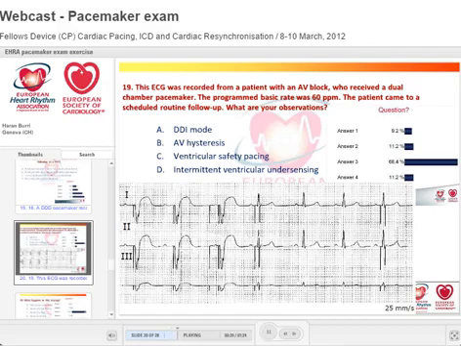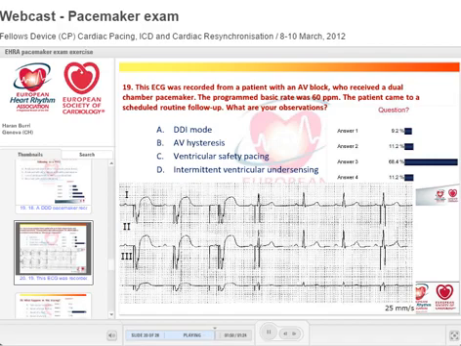Here, visibly, there is atrial undersensing, but this is not part of any of the answers. You have ventricular undersensing, but this is atrial undersensing. Because this P wave was not detected, and because there is intrinsic AV conduction, and because you have this atrial pacing, this QRS complex is sensed as a ventricular event.